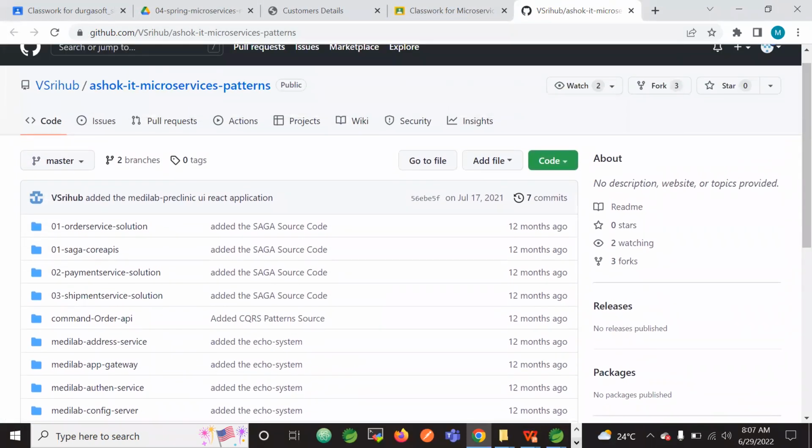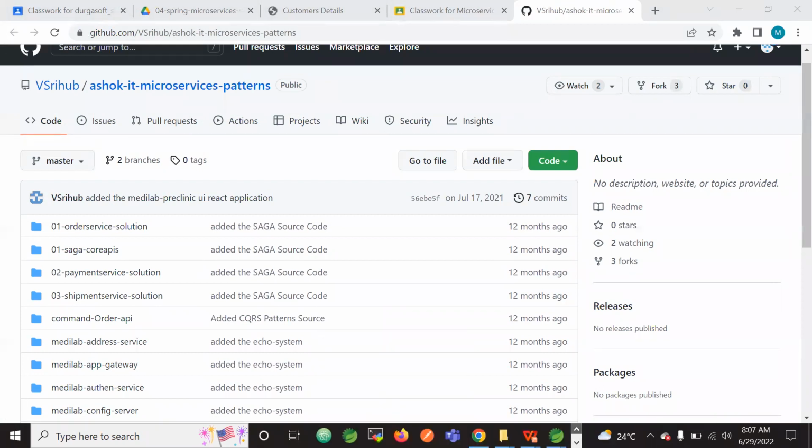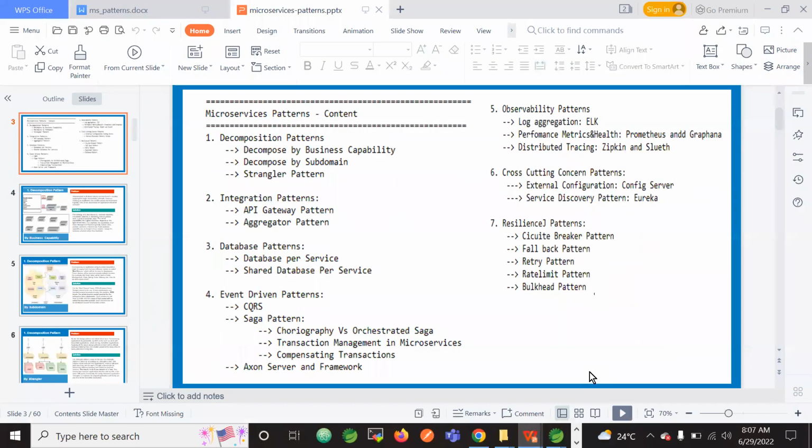What patterns will be covered, why we are going for these patterns, what is a brownfield application, what is a greenfield application, what is a bounded context, what is domain driven design, all those things let us discuss tomorrow. So this is the course content. I will give this course content to our management so that they will publish the same on our DURGASOFT website as well. Fine.